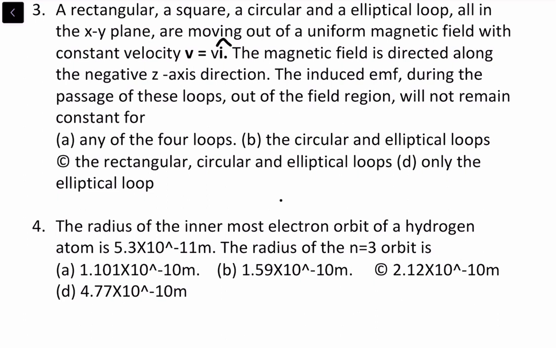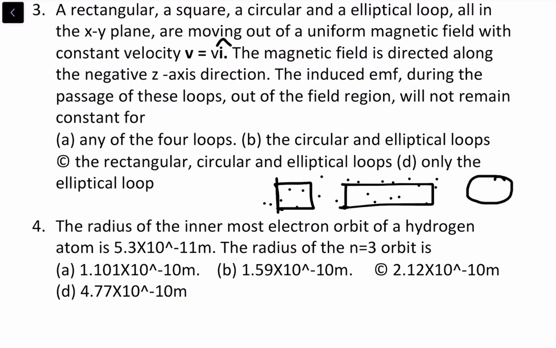If you see the square and rectangular shapes, they are like this. So whenever they are going out of the magnetic field, the rate for square and rectangular is constant, but for circular and elliptical it is not like that, because their shape is like this.